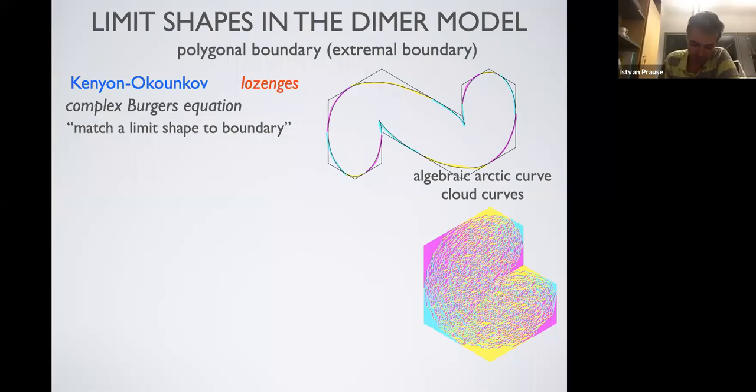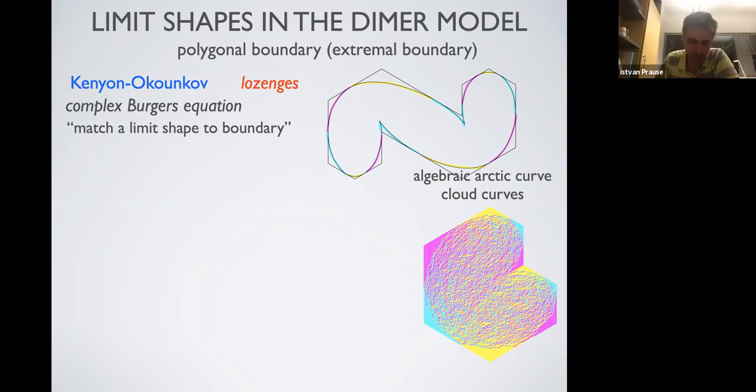So here is how this complex Burgers equation arises: they rewrite the Euler-Lagrange equation in terms of the so-called spectral curve variables.